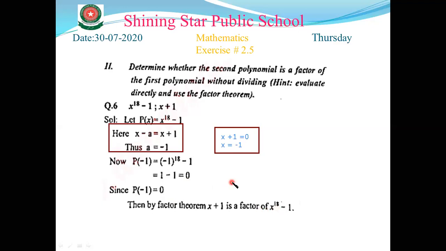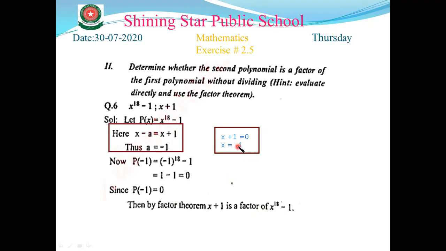Okay, again keep it in your mind whenever you have to check whether the given polynomial is a factor of the second polynomial or not. So very simple method. First of all, put x equal to any number in the polynomial.